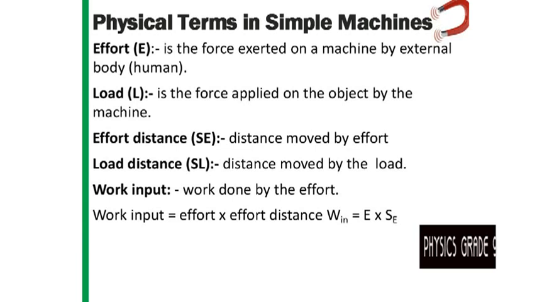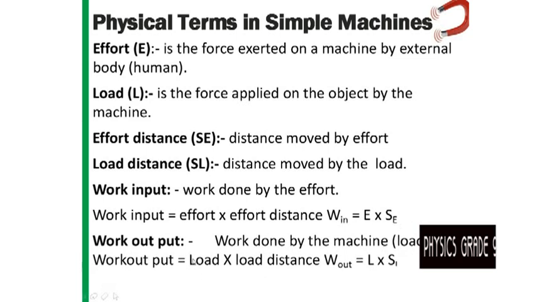Now, in this context, we can say that work input, written as W and then IN to signify that it's input, is equal to the effort, which we can signify with the letter E, multiplied by the effort distance. And remember here, we actually used SE to represent the effort distance.